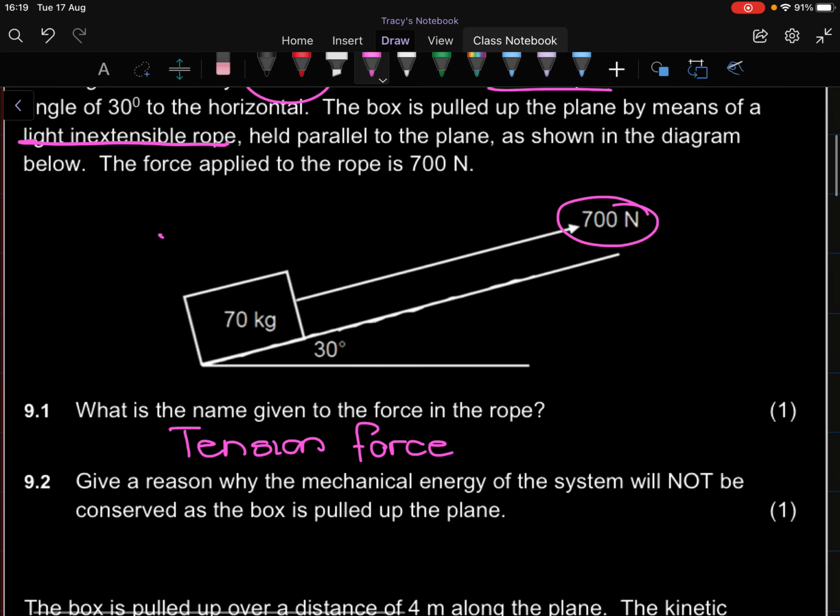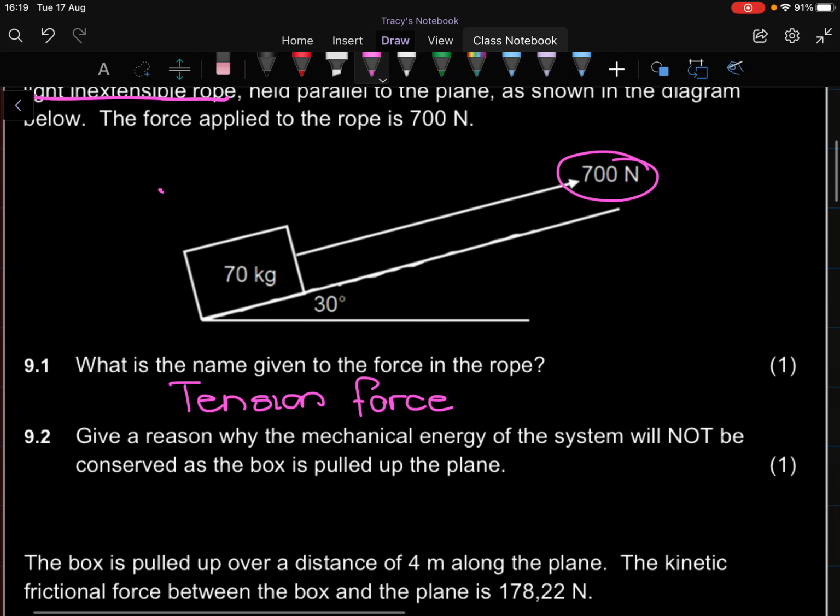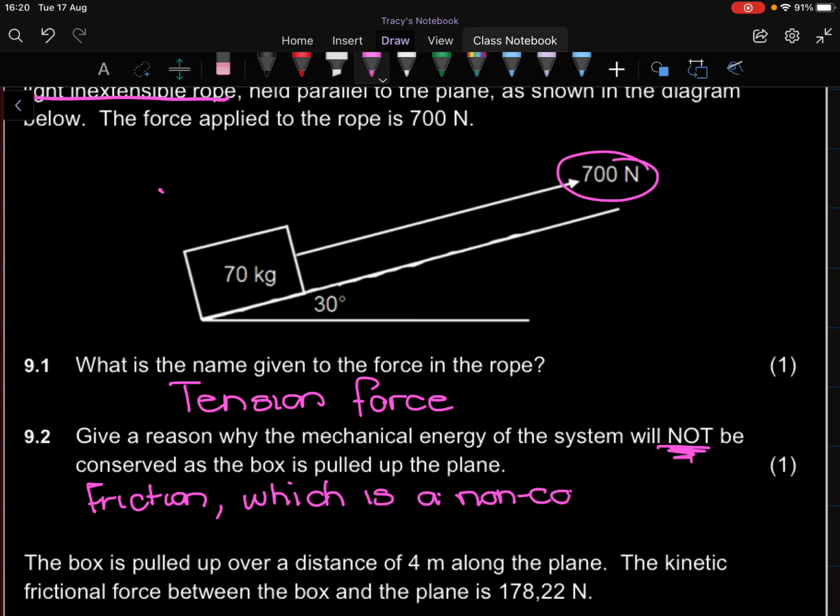Give a reason why mechanical energy of the system will not be conserved. Please be careful. You can't just say because there's friction, and it is because of friction. Friction, which is a non-conservative force, is present.